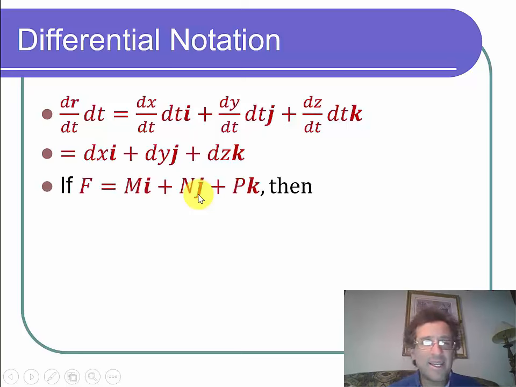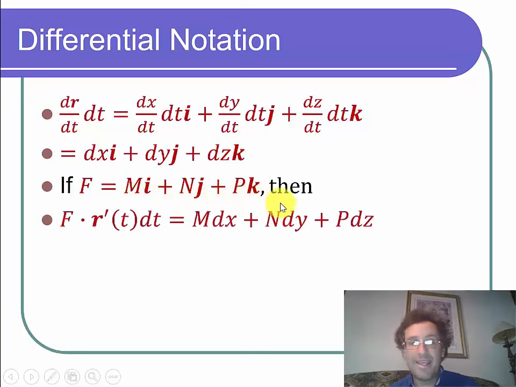And then we can look at having a vector field F equals M i plus N j plus P k, and then taking F dot r prime of t dt. So that just says we take the dot product of dx i plus dy j plus dz k and M i plus N j plus P k, and that's actually quite simple.